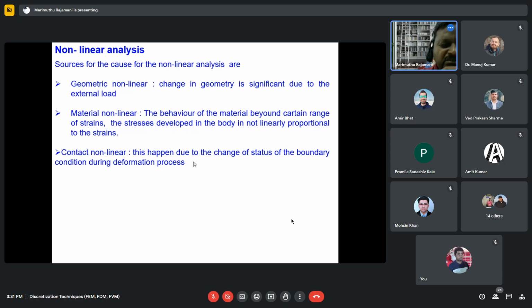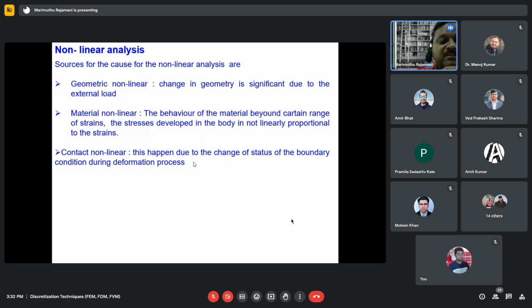Once it crosses that stress level, it will not come back to its original position. There will be a permanent set. In such places you have to use material nonlinearity. If there are situations where both are significantly different, then you have to use combined material and geometric nonlinearity.